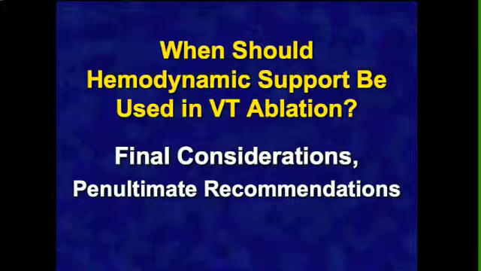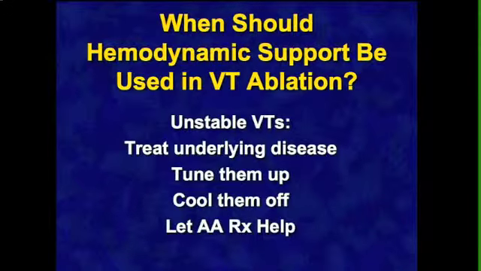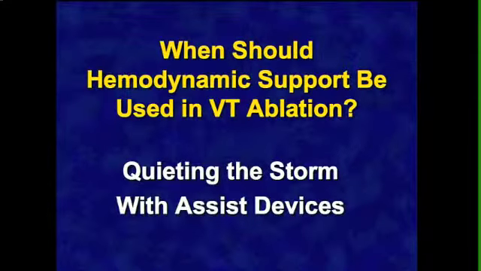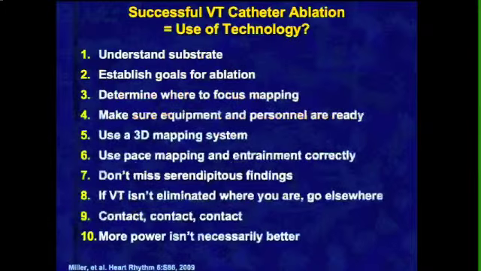But there are some final considerations. Number one, if you've got an unstable VT, treat the underlying disease. Tune them up, cool them off, and let antiarrhythmic drugs help. Another thing is quiet the storm with assist devices if you need to. We maybe underuse them in quieting patients down in CCUs.